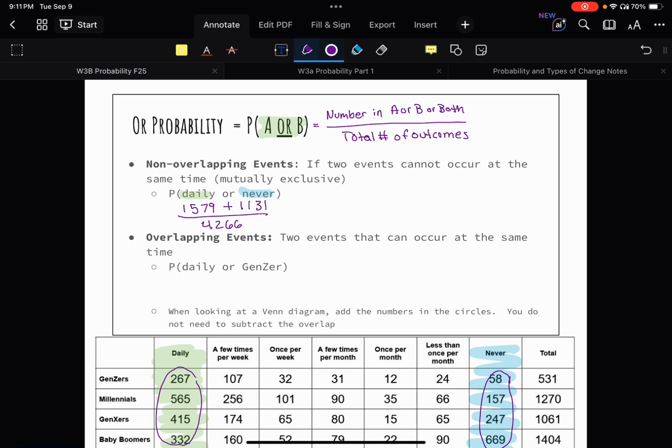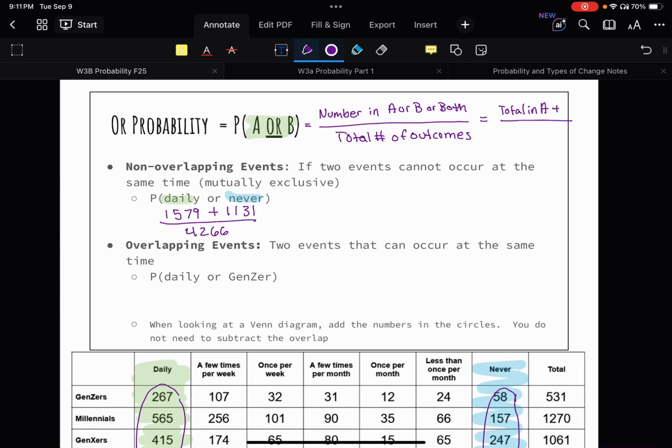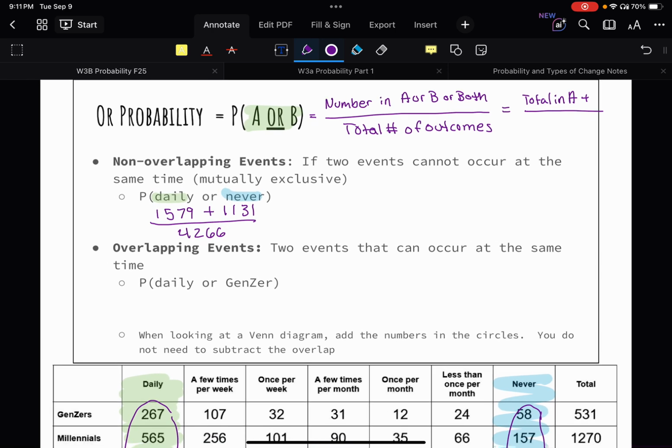There was just the total in A and the total in B. So I guess another way we could think about this is we found our total in A plus the total in B. And we're going to put a little asterisk with that because we're not quite done. But let's finish this one.